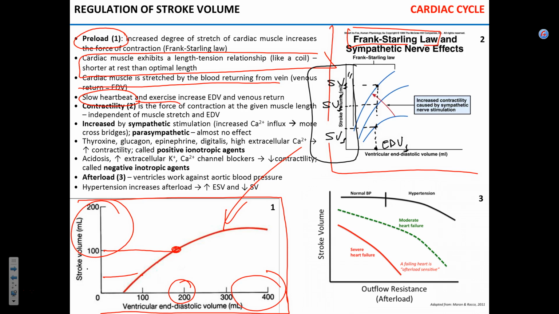As sympathetic stimulation increases, right, stroke volume becomes higher. Does that make sense? Do you understand what I'm saying or not?